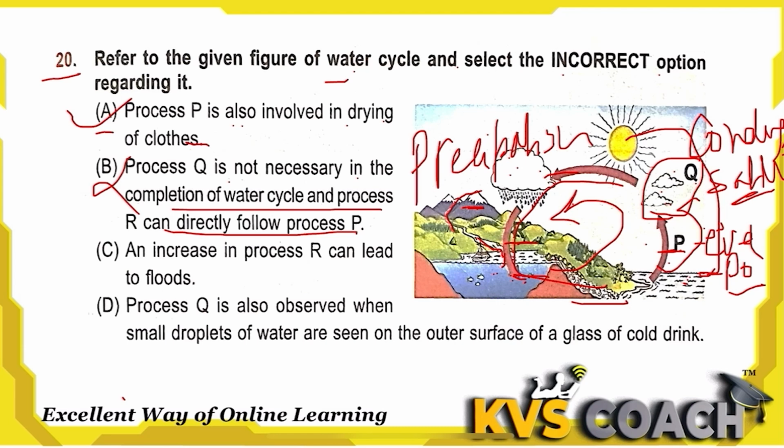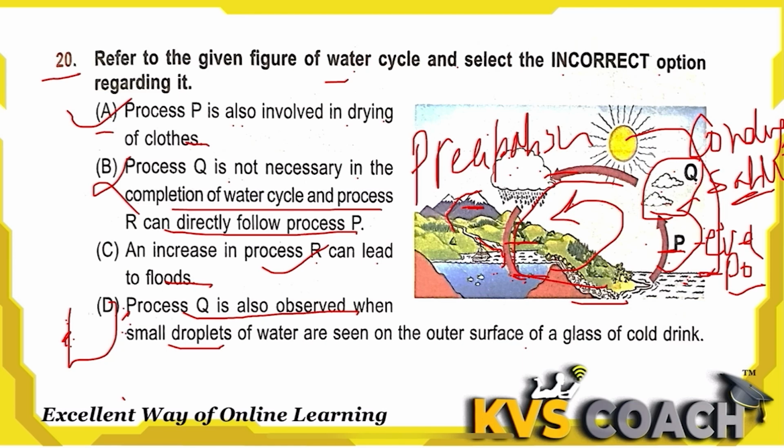So these are the main three steps of the water cycle; without these steps it cannot be possible. Option C, an increase in process R can lead to floods. Yes, this is also right. Process Q is also observed when small droplets of water are seen on the outer surface of a glass of cold drink. This is also a right statement. When you pour a cold drink or chilled water into a glass, after some time you can see water drops on the surface of the glass.